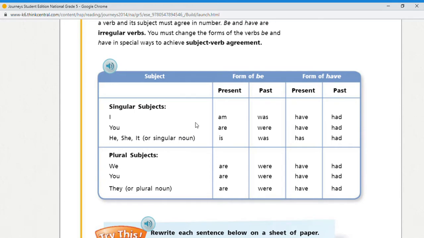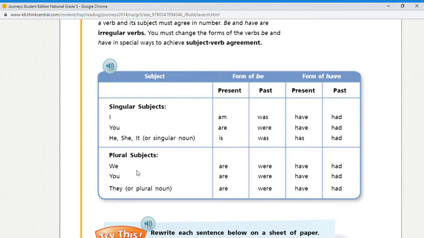Okay, here guys, if we have a plural subject, like we, you, they, or any plural subject like boys, girls, schools, let's say, in the present form of verb to be, it's are in all its cases. So we are, you are, they are, boys are, girls are. Okay, in the past we use were.